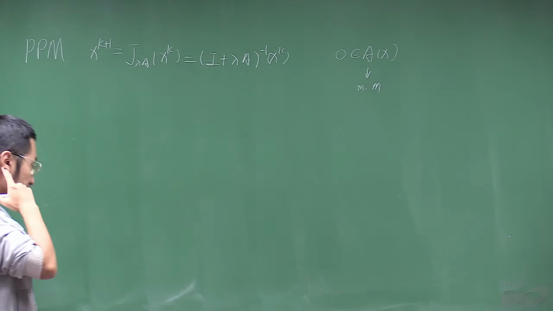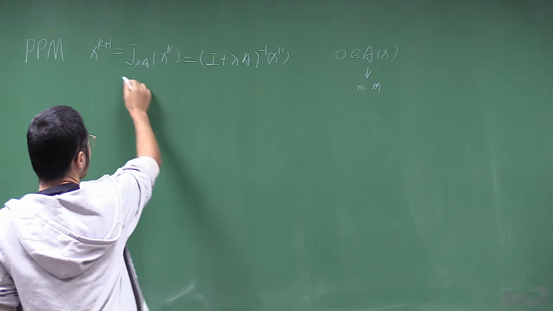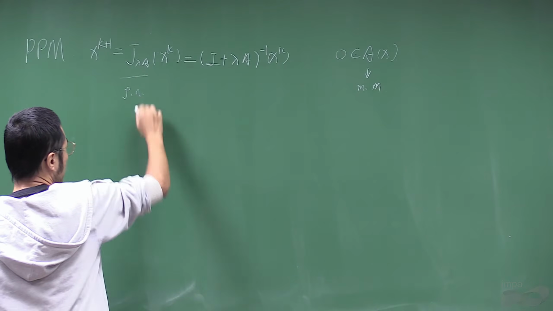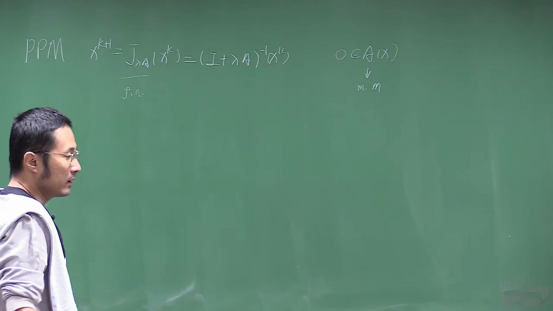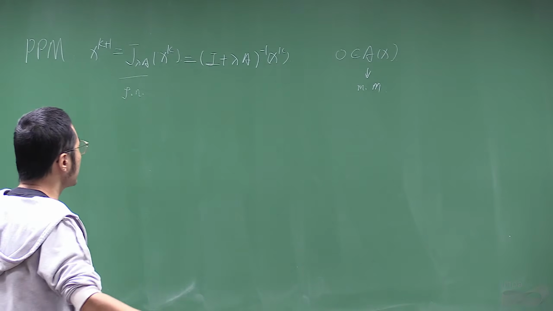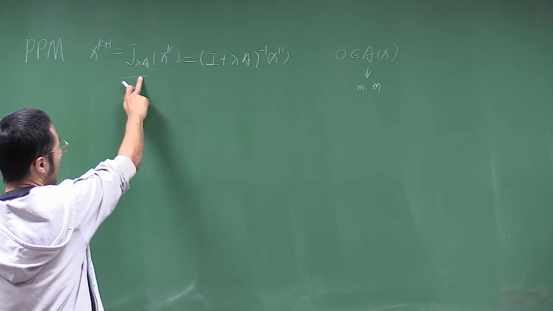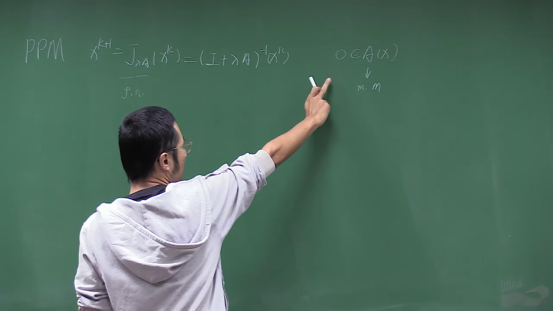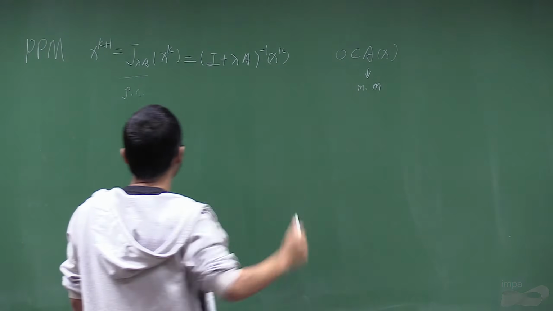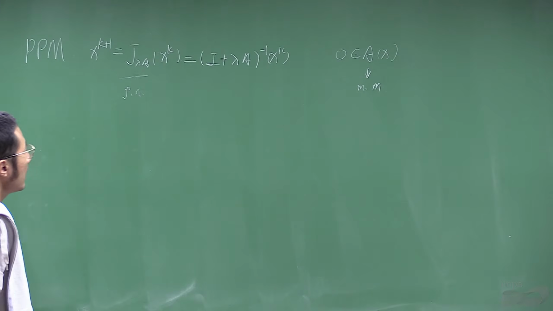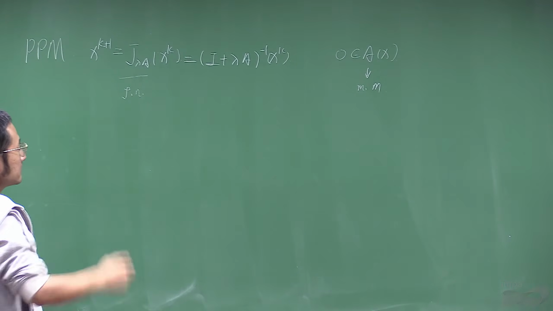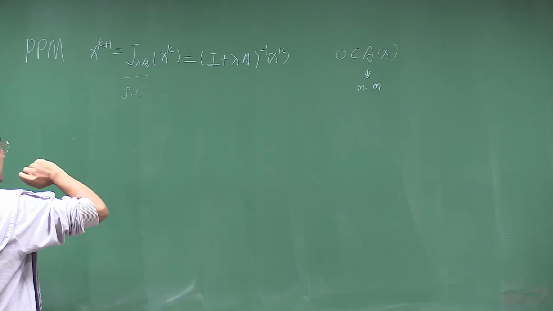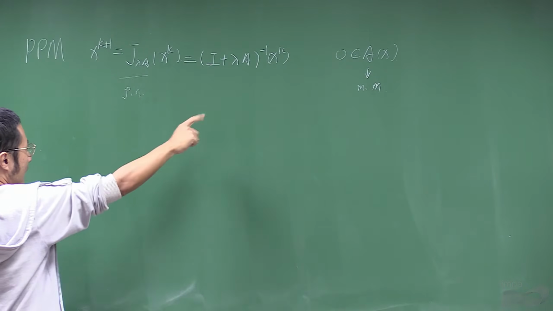This method converges because this resolvent, as we have discussed before, is firmly non-expansive. So the whole iteration converges, and the fixed point of the resolvent is the zero, or the solution set, of this inclusion problem.